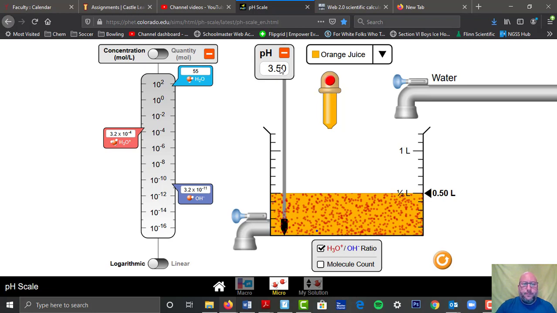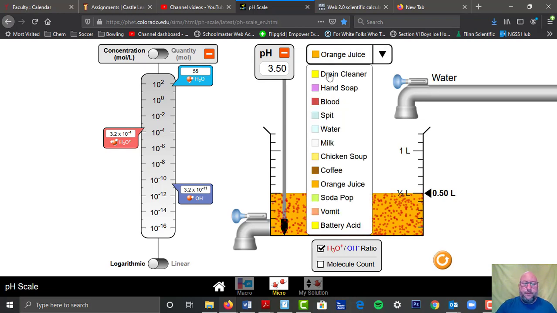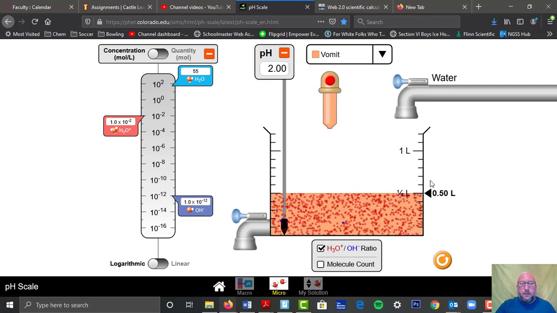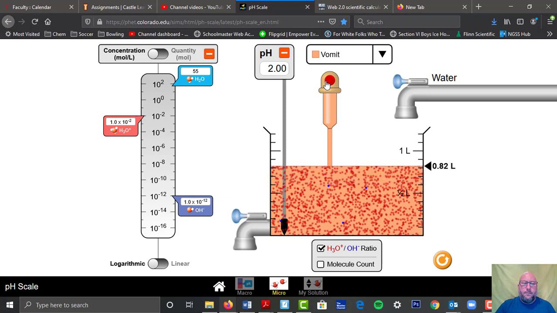So that's my pH. Now, the pHs that we use in acid-base chemistry are always going to be whole numbers. So it's easier to use an example like the vomit. So if I fill this with vomit, even though I'm adding more vomit to the container, it doesn't change the pH and it doesn't change these concentrations.